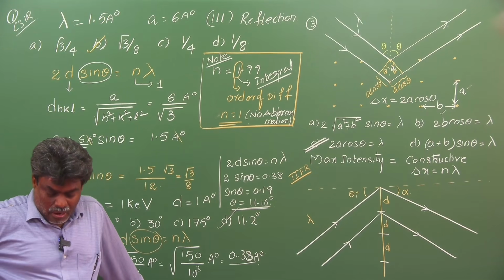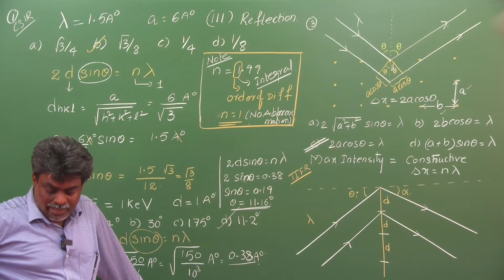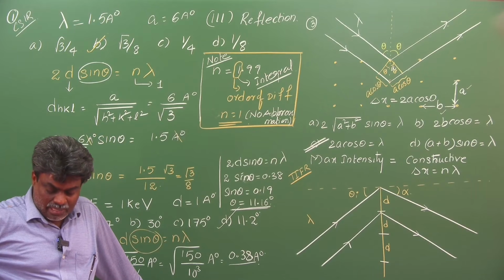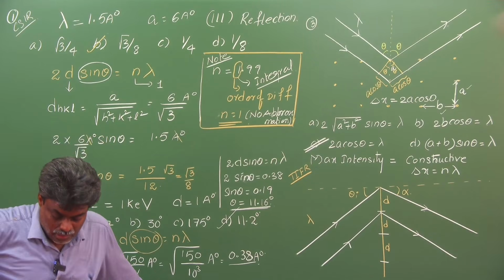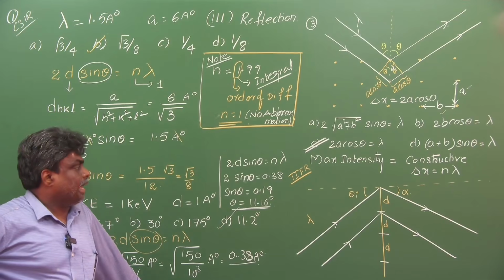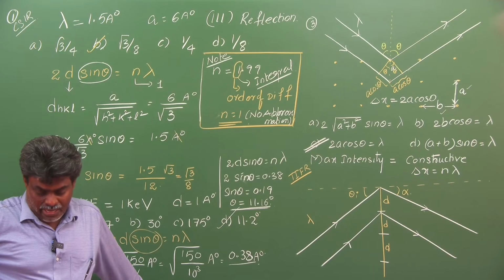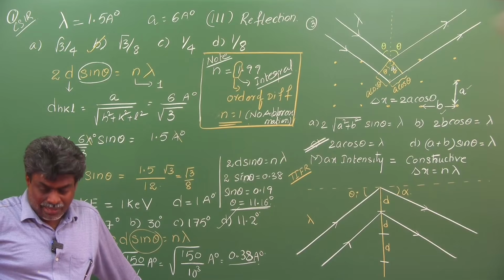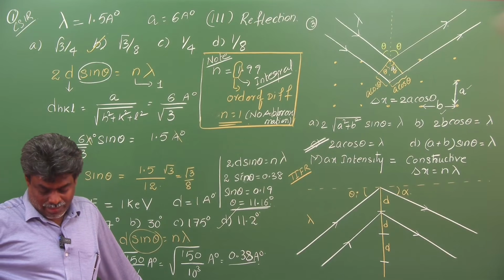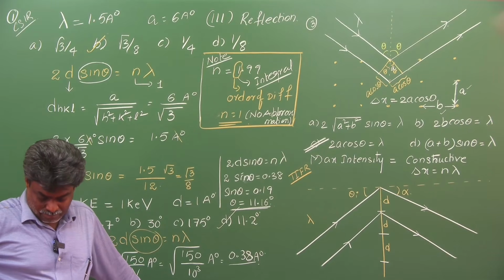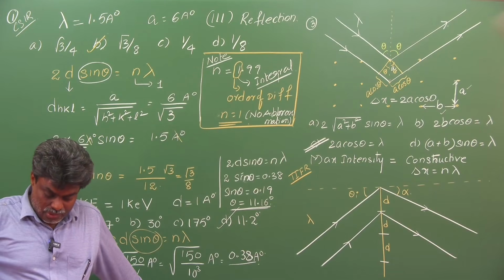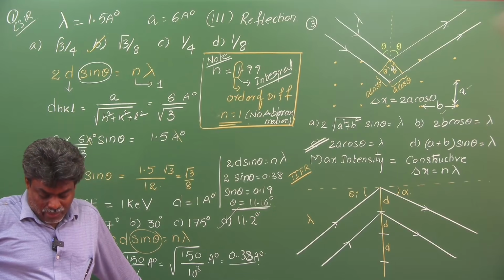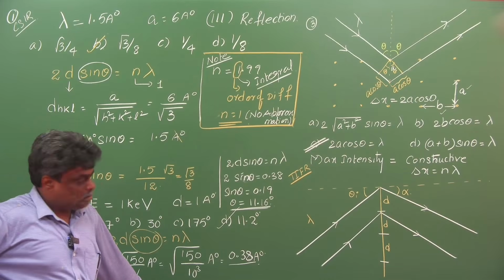Full stop. After diffraction, the transmitted beam is observed at an angle alpha relative to the normal. Full stop. Which of the following conditions must be satisfied?